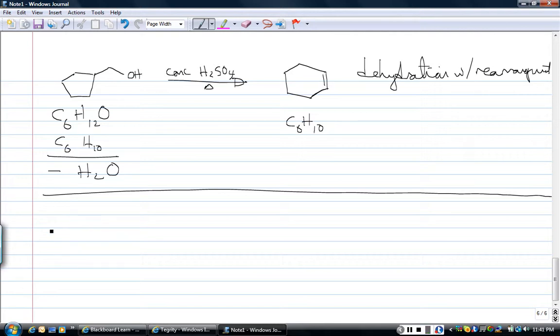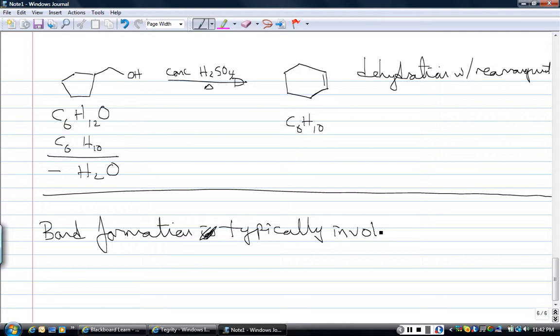So bond formation typically involves a nucleophile plus an electrophile.